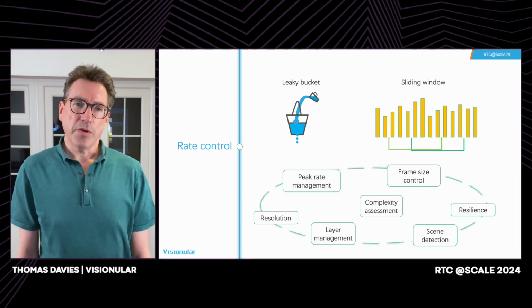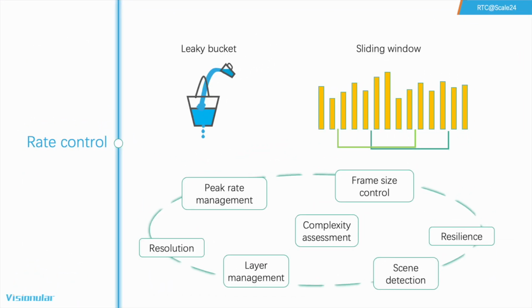So for Aurora 1, what we developed was a method of lightweight complexity assessment in order to tackle these issues whilst providing smooth dynamics for the rate control. So this means managing your peak bit rate when something complex arrives and knowing that it's complex when it does arrive, and controlling the maximum frame size so you don't produce a lot of bits onto the wire all at once.